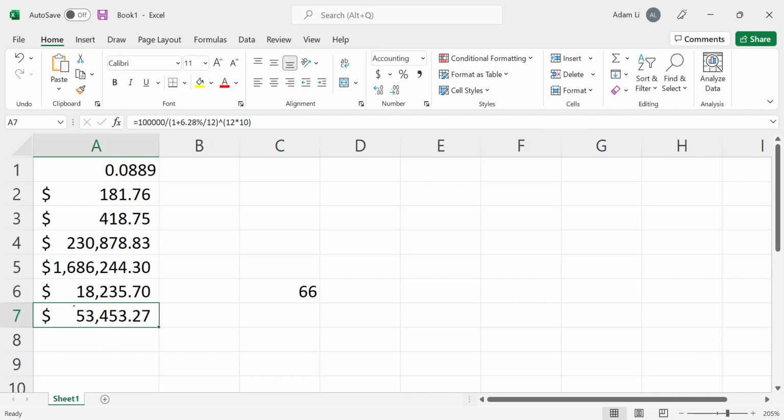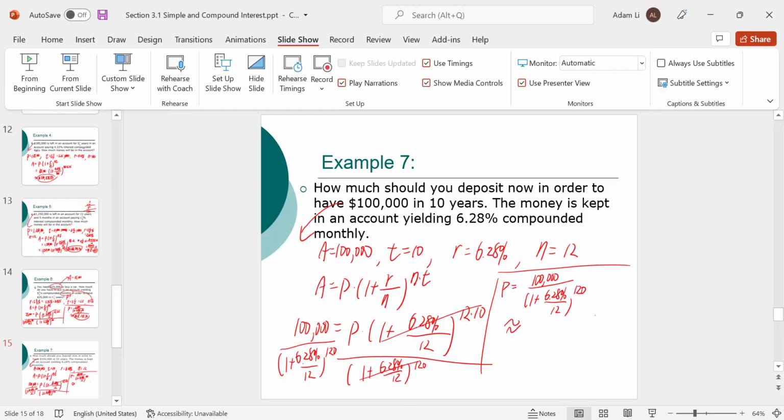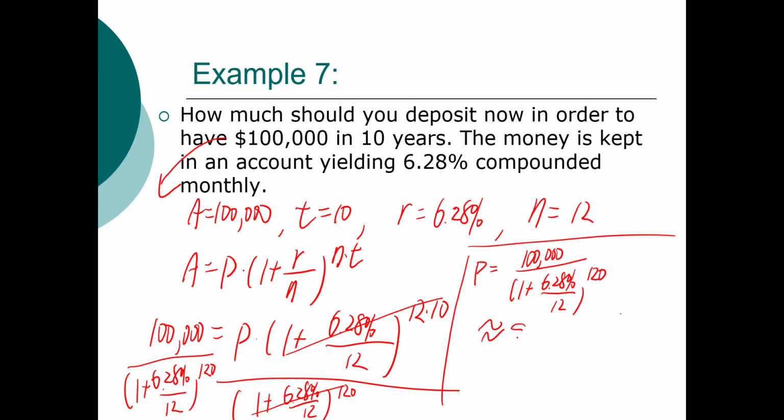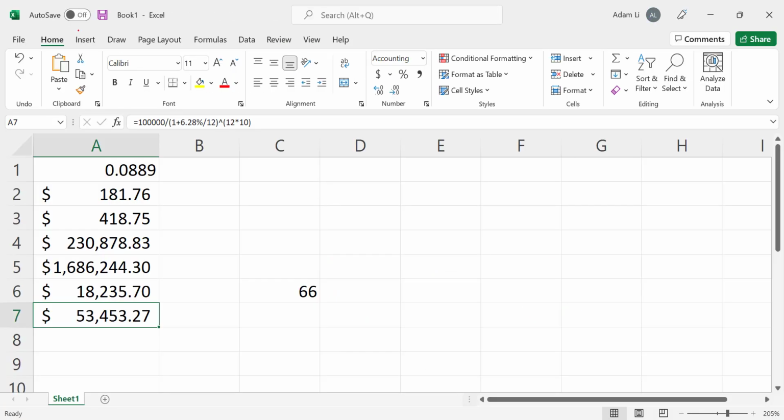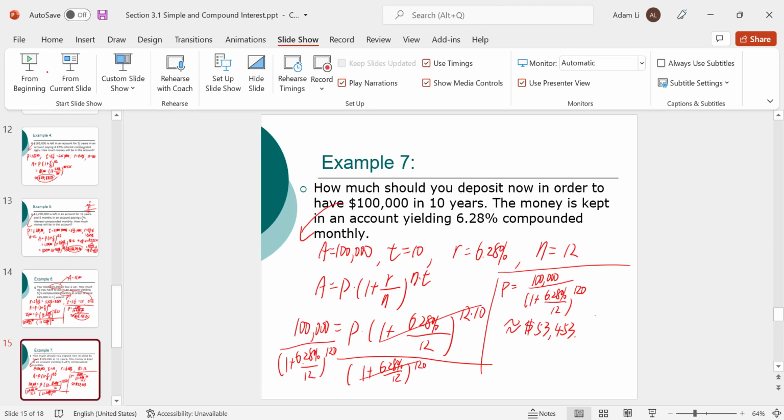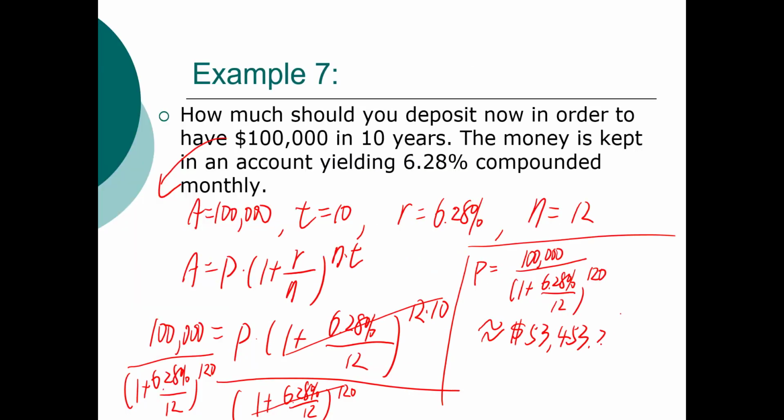So this is the initial investment principal, $53,453.27, double check, and 27 cents. Always remember to round to two decimal places, round it to the cent.